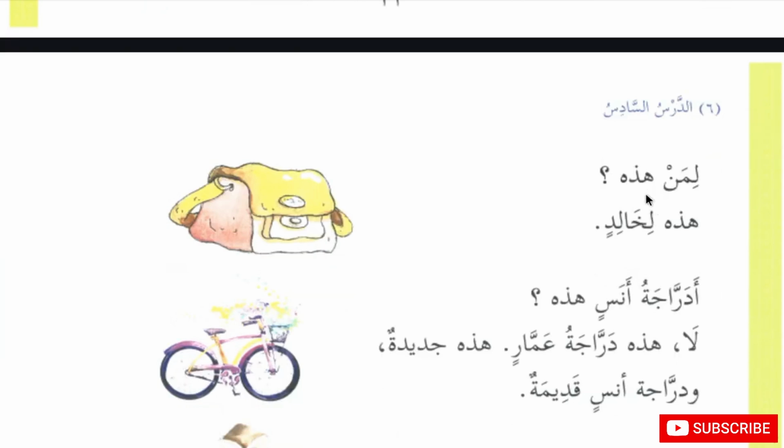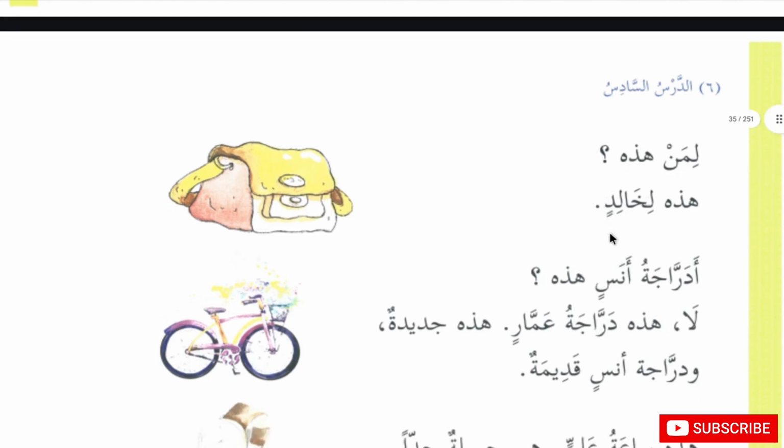لمن هذه? This liman means basically for who, and man is one of those nouns that never change based on any preposition or any state. They will always stay man. So whether it's fi or li, it will always be man here.